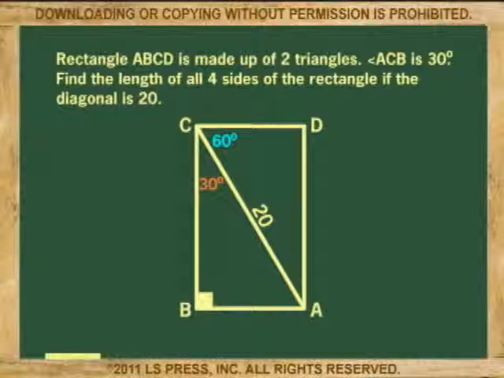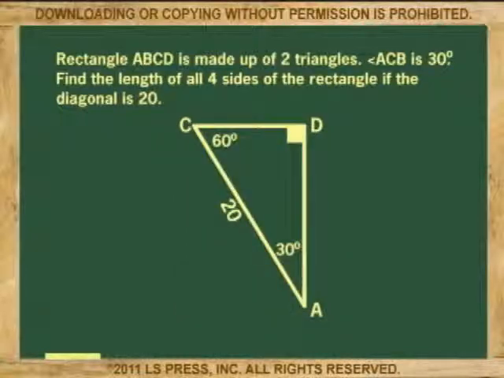That means that what we have are two congruent 30-60-90 triangles. Taking one of the triangles, we realize that if the hypotenuse is 20, then the short leg of the triangle, or leg CD, is half of 20, or 10. And the long leg AD must then be 10 times the square root of 3.